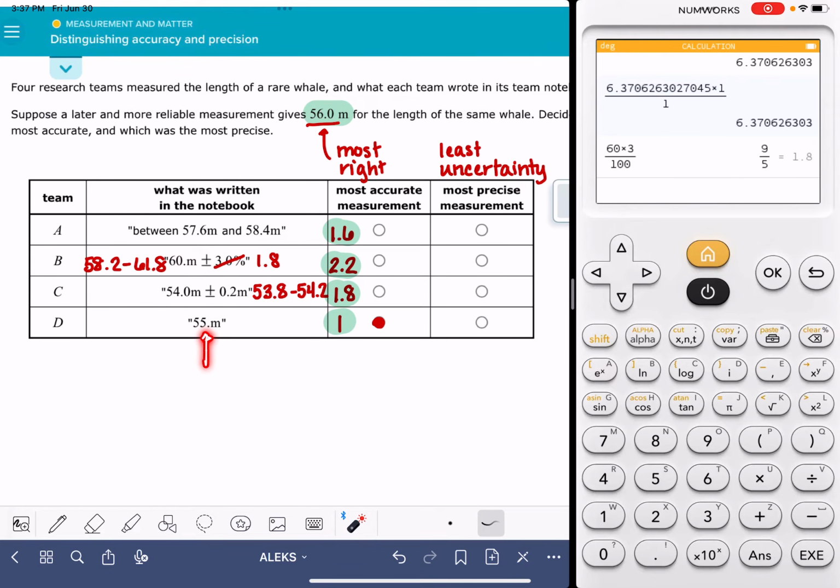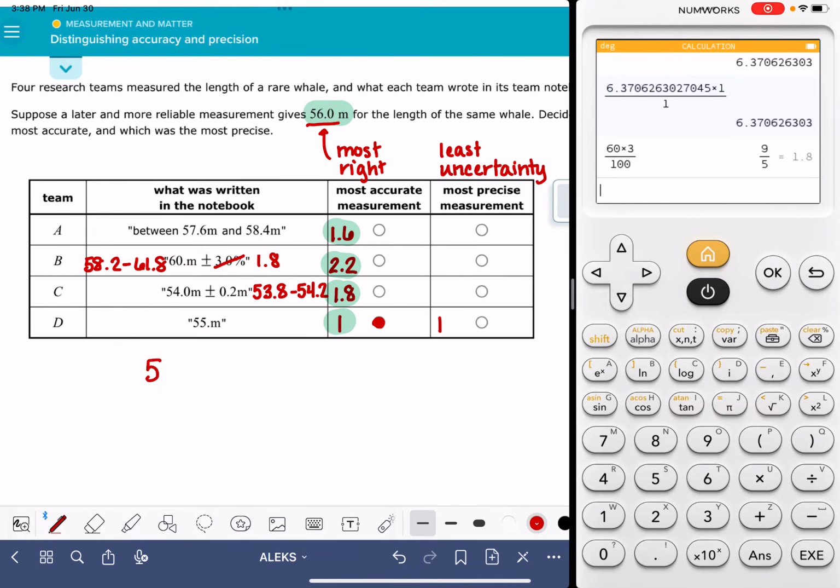The last significant figure measures the uncertainty of the measurement. So for this particular number, 55, the last significant figure is in the 1 position, so this has an uncertainty of 1 meter.